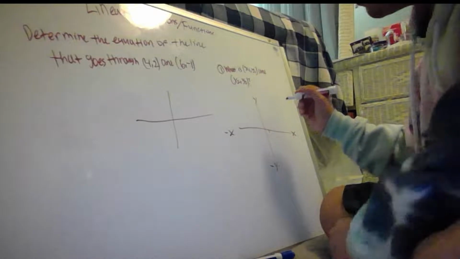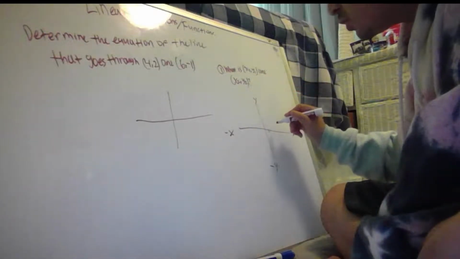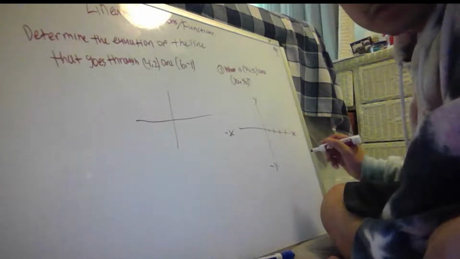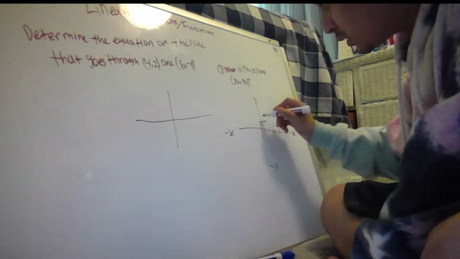So if we plot 4, 2, we do 1, 2, 3, 4, right? And we do 1, 2. Let me bring this a little bit closer so that y'all can see what I'm doing.